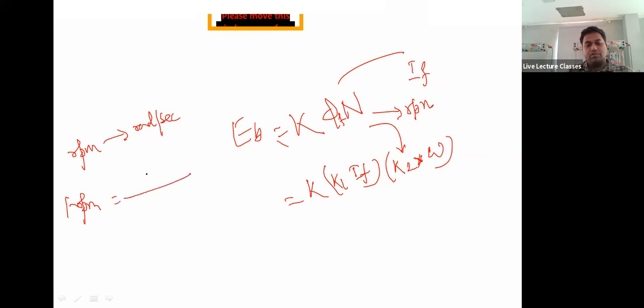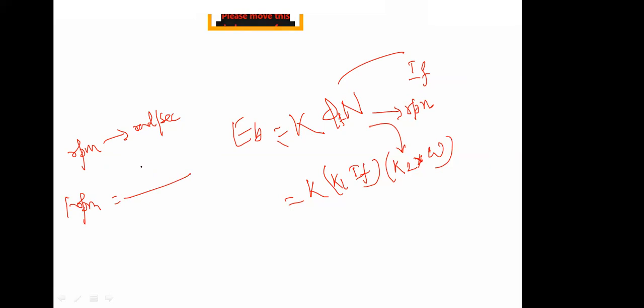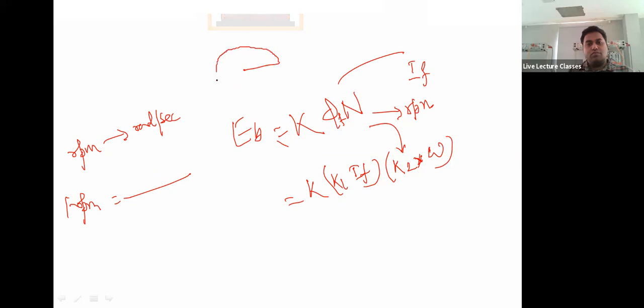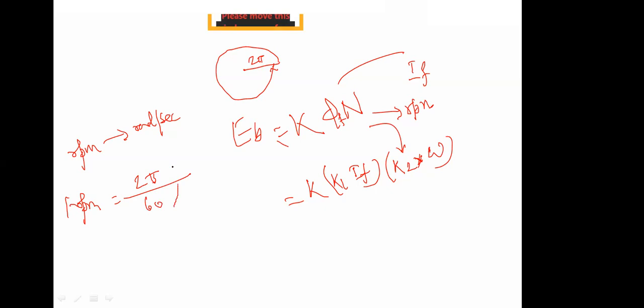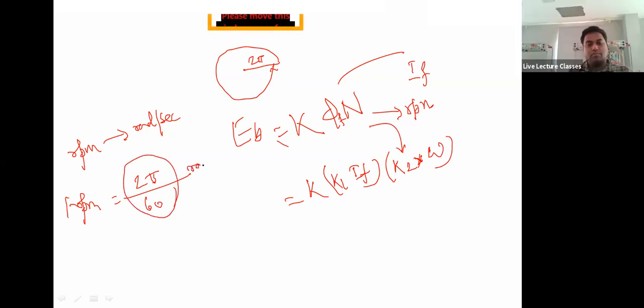So 1 rotation is how many radians? 2 pi. Yes. So if you go completely 1 rotation, it is 2 pi radian, right? So 2 pi, and 1 minute is how many seconds? 60.